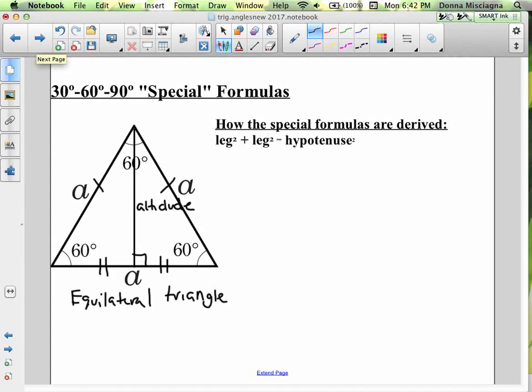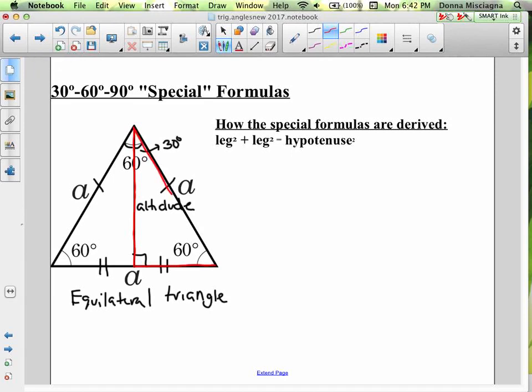The altitude is always perpendicular to the base. Not only will the altitude in an isosceles triangle split the base into two congruent segments, it splits the angle too into two congruent angles. So that means that each of these smaller angles is 30 degrees. Okay? So we're just going to work with one of them because we're interested in the 30, 60, 90.